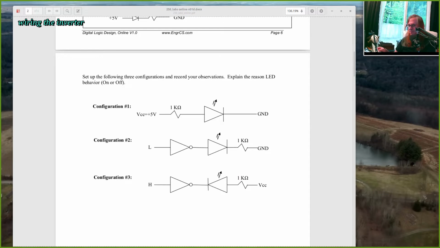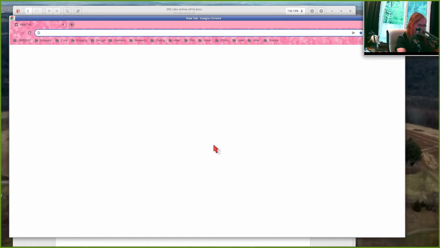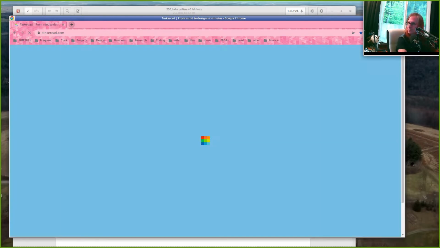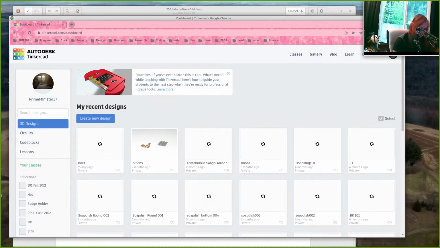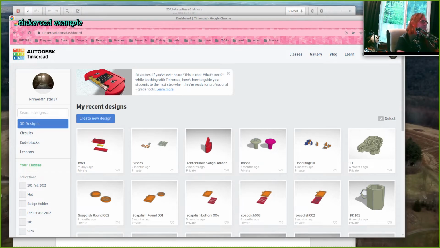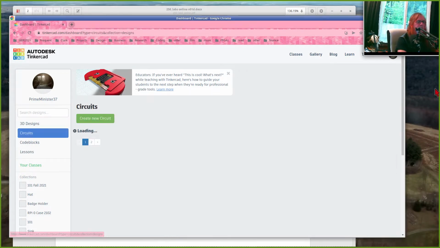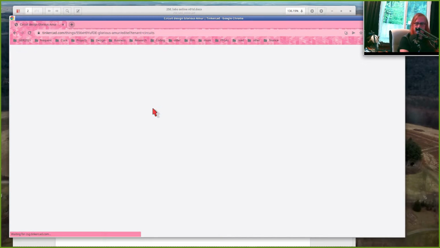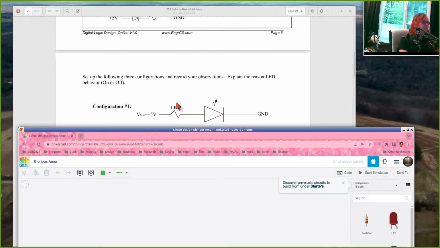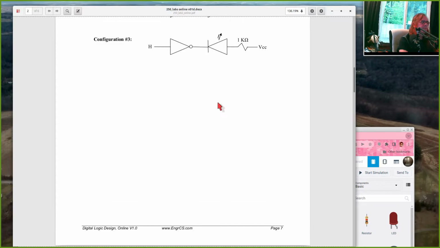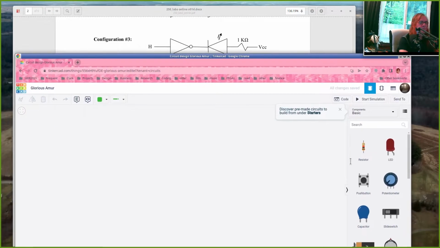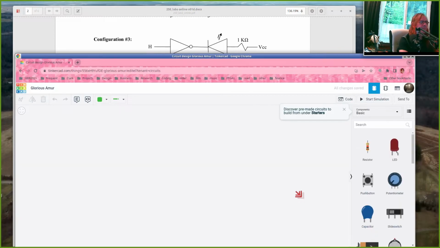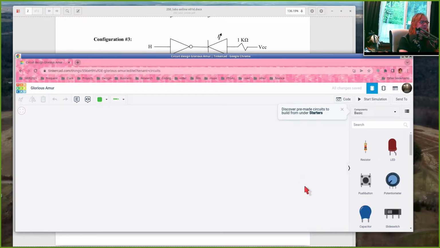All right, let me just talk about wiring the inverter, and let's just go into Tinkercad actually. So let's just play around with this third configuration.